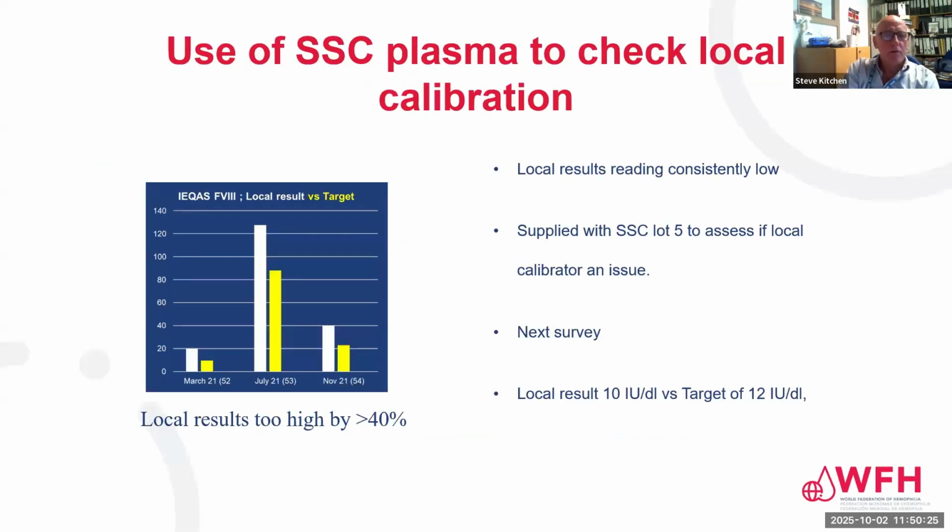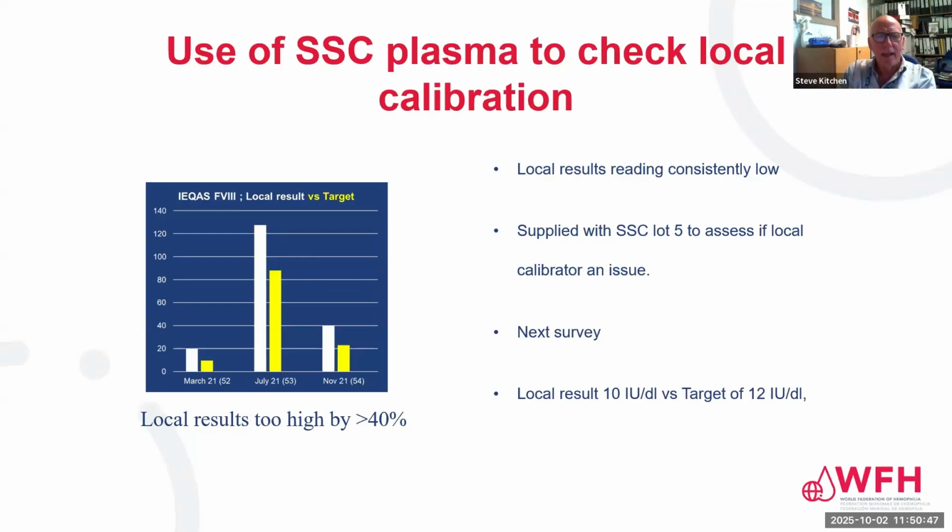And here's an example. So the solid graph on the left shows the local result in the white columns for 3 surveys compared to the target, the median in other centers, in yellow. And the local results, 3 surveys on the trot, were approximately 40% too high. We sent the SSC plasma and went through it with the lab.